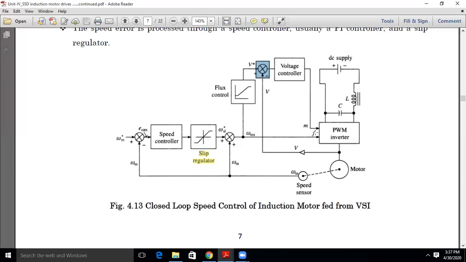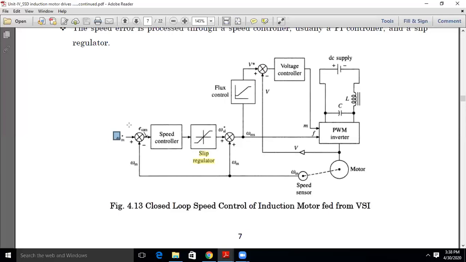This closed loop operation is continuously performed until the motor comes to the required speed, that is omega m star.